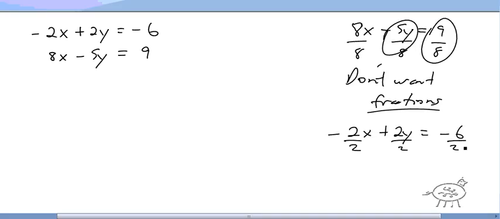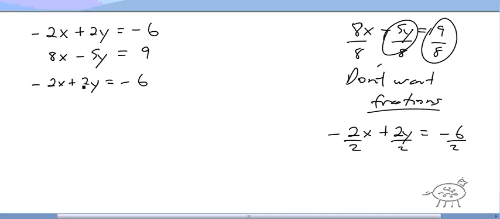I want to solve that first equation for either x or y. And in this case, it doesn't matter. I can do either one. Well, what I'm going to do is I'm actually going to solve for y. All right, so let me rewrite it here. Negative 2x plus 2y equals negative 6. It's my choice. Part of the reason I choose it is because when I add 2x to both sides, there's going to be positive values.